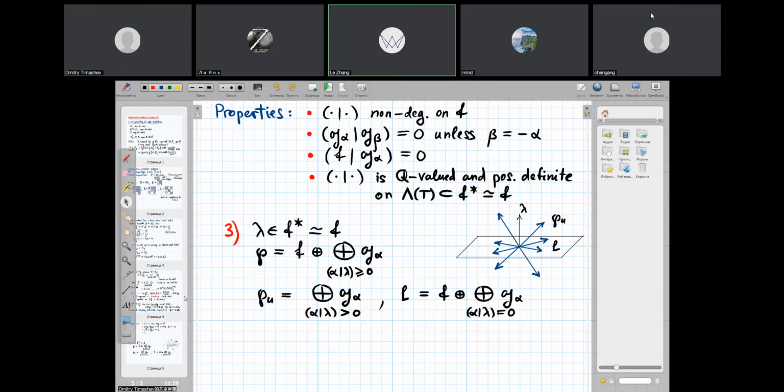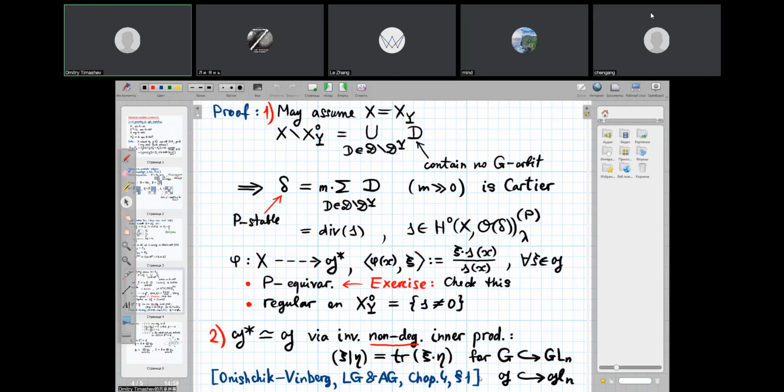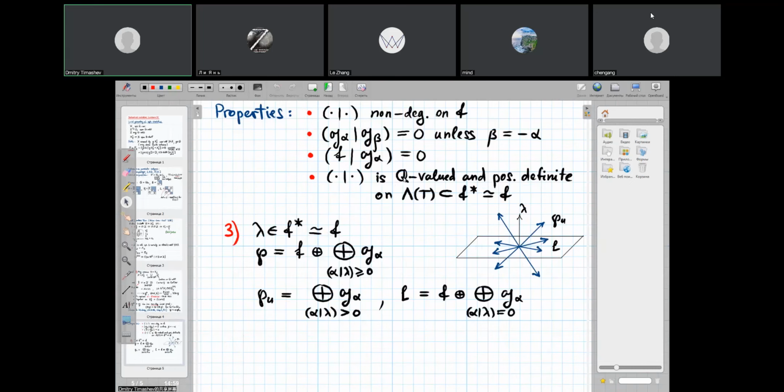Professor, since lambda T is a lattice, can we say that it is Z valued, not only Q valued? Let me think. I think that you are right, but just for safety, let me keep Q here. I think that it is even Z valued.